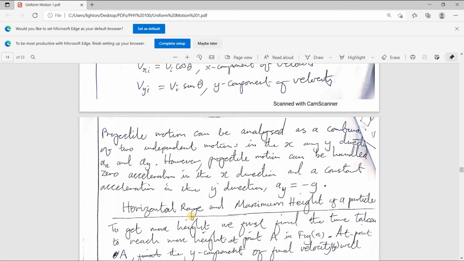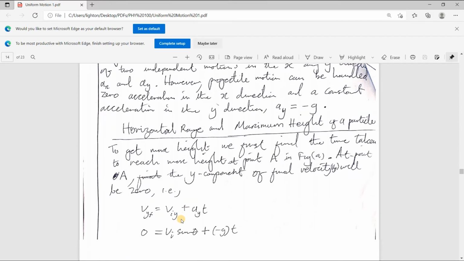Okay, now let's look at the horizontal range and maximum height of a particle undergoing projectile motion.